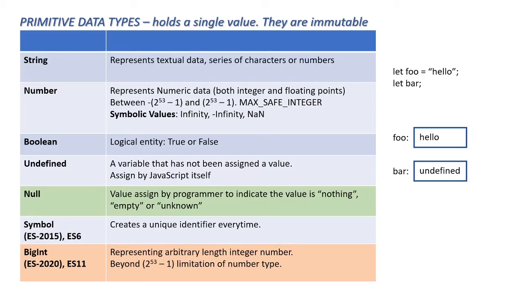So undefined is more from the JavaScript side, where JavaScript sees that there is no value assigned to a variable and it gives undefined, but null is more from the programmer side, when a programmer is saying that this is a variable but I'm not going to assign a value, or maybe a value was assigned previously but now we wanted to remove that value by saying this is null, there is nothing in that particular variable, or nothing is pointed to by this variable.